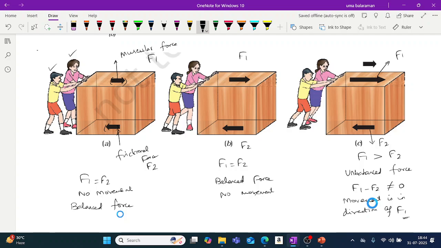Movement is in the direction of F1. If F2 is more, movement will be in the direction of F2. Any objection? Do you all agree? Abhiram, do you agree? Applying less force, applying more force, but still balanced, so no movement.